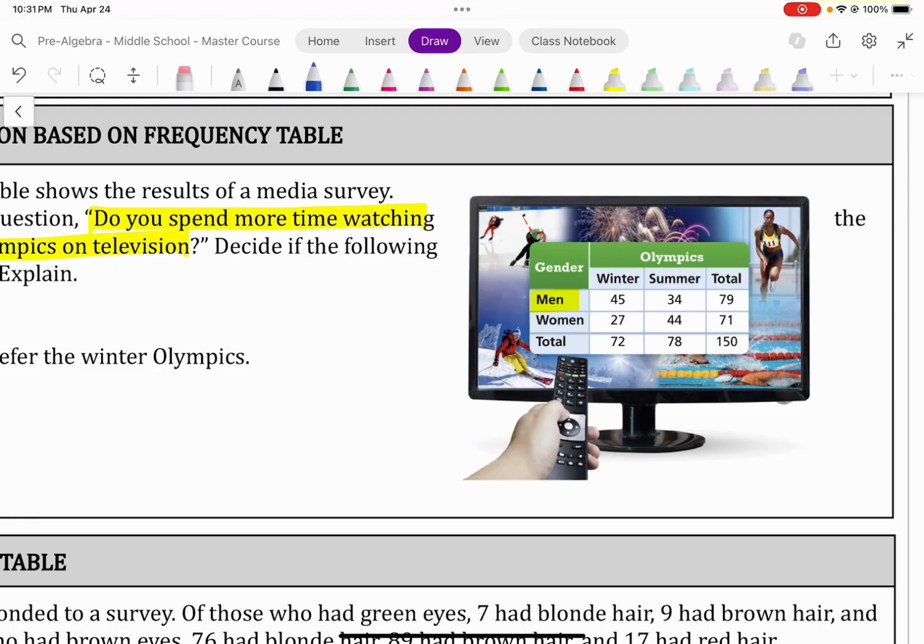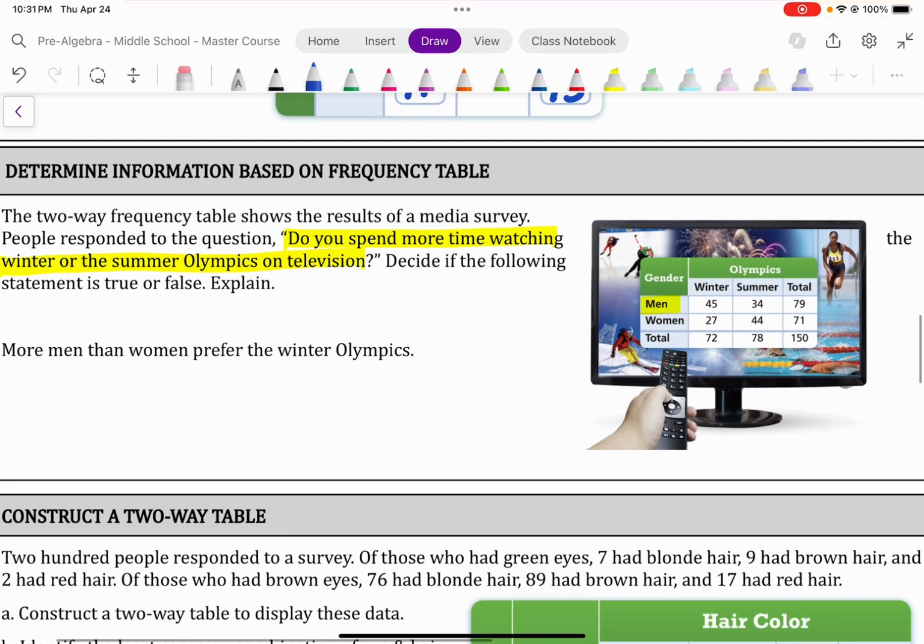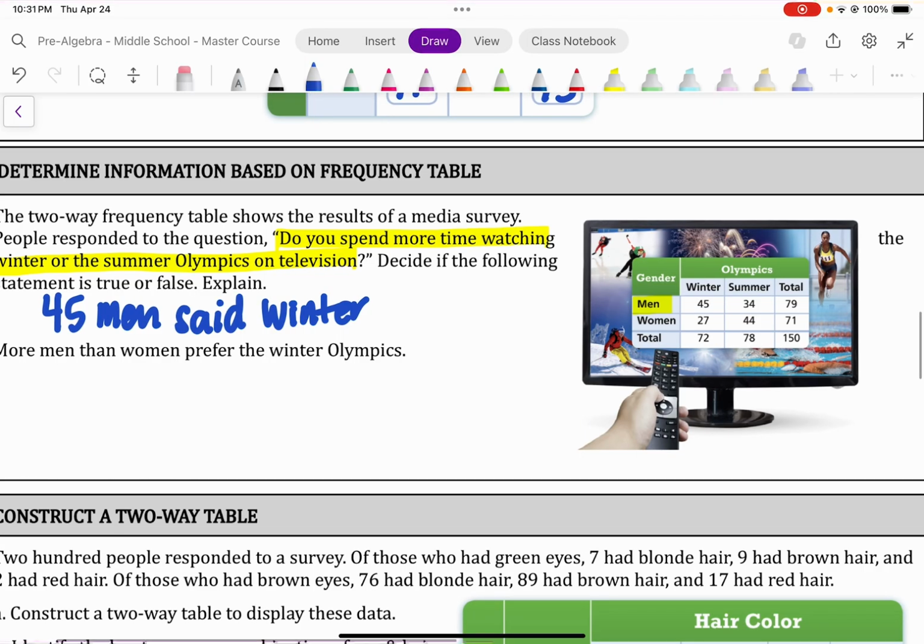And if it helps you to organize it this way, the table says that 45 men said winter, and only 34 men said summer.